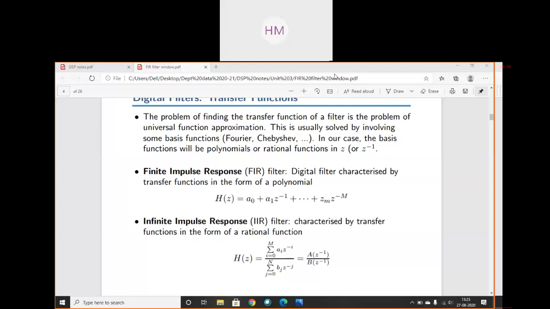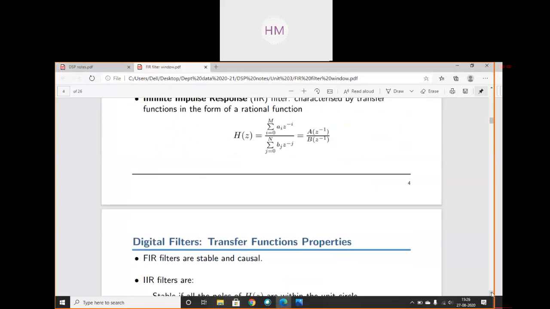So wherever you are using the coefficient, mention which is your forward coefficient and which is your feedback coefficient. A is associated with the input and B is associated with the output. AK and BK coefficients. Okay. So this equation we have written earlier also.